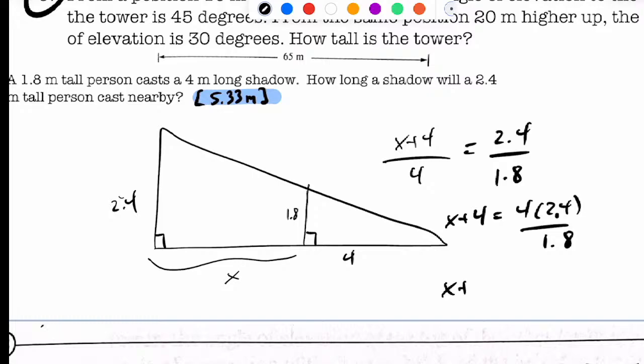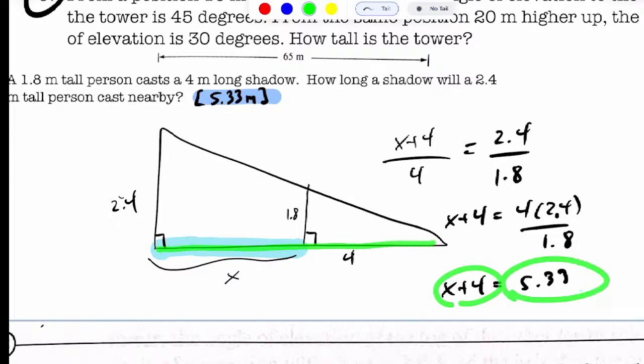So I get x plus 4 equals 5.33. I labeled this as x from here to here, which is not what we want. I want the whole thing. So x plus 4 is actually what I want, and the answer is 5.33. So the answer is 5.33, but that's how you get it.